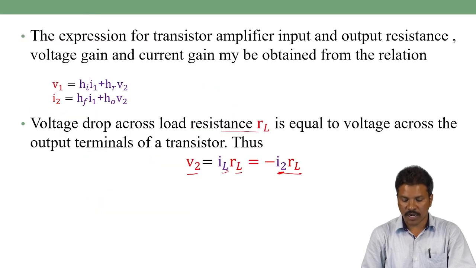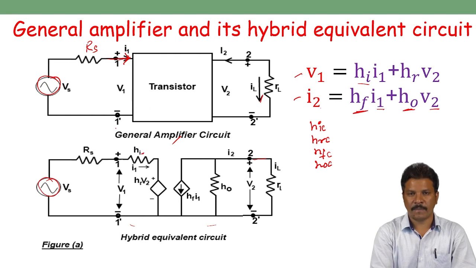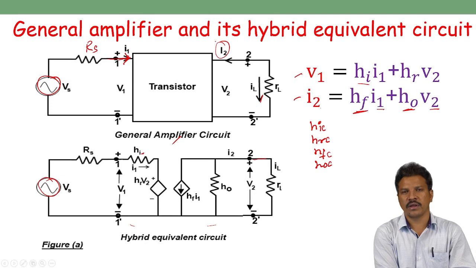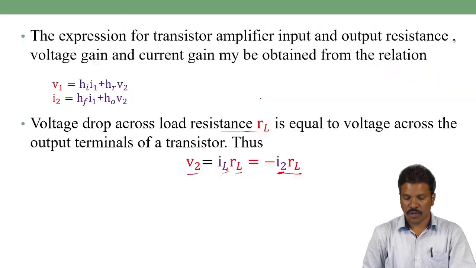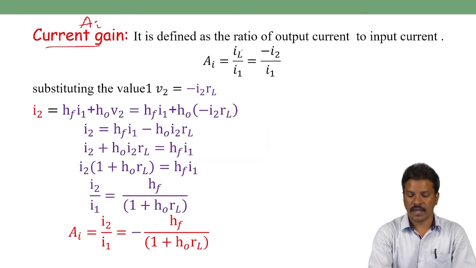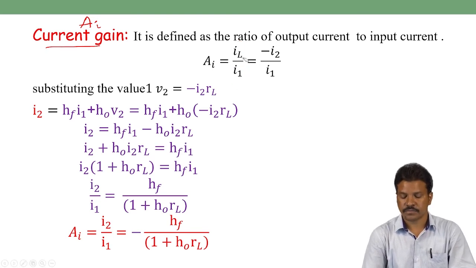What is the output current in this diagram? This is the amplifier output. If we are not connecting a complete amplifier, the output current is the two-port network current I2. But when we are connecting load and source, the output current is IL. So the output current IL divided by the input current I1, IL by I1.